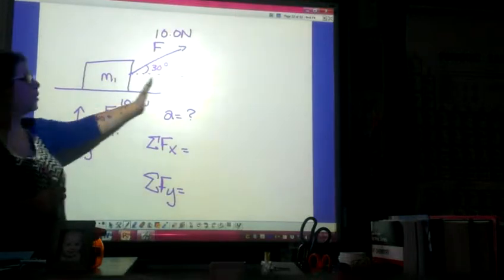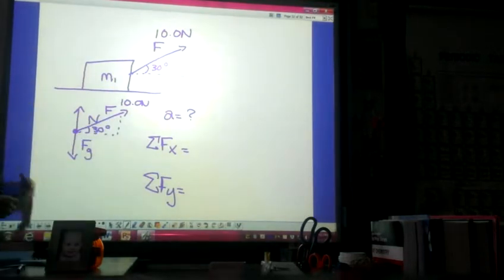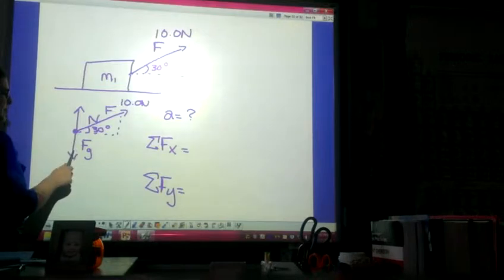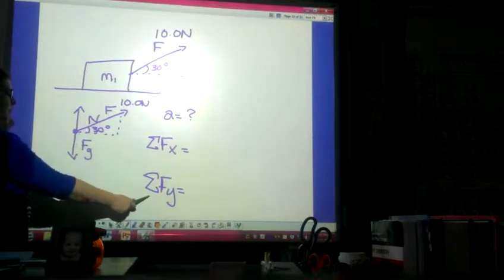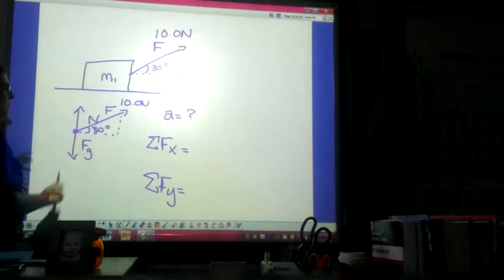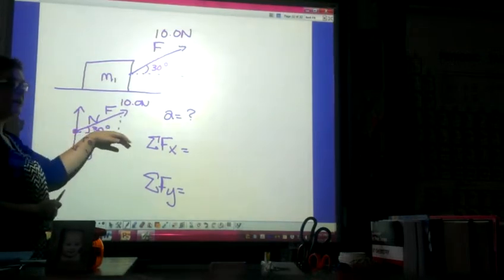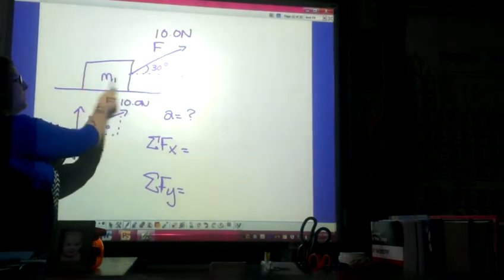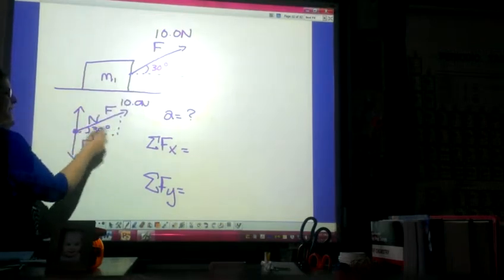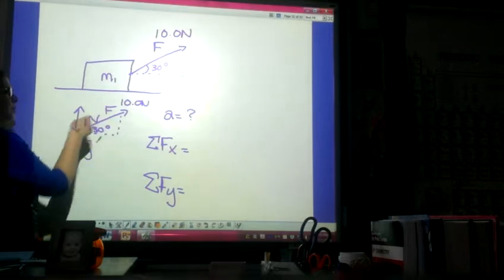If it's moving horizontally, then that means that the only force that's going to be causing an acceleration is a horizontal force. So the normal and weight force would be in my vertical forces, they'd be part of my y. So would the y component of this applied force. So the only force that's causing an acceleration, which would make it move horizontally, is the x component of this applied 10 newtons.